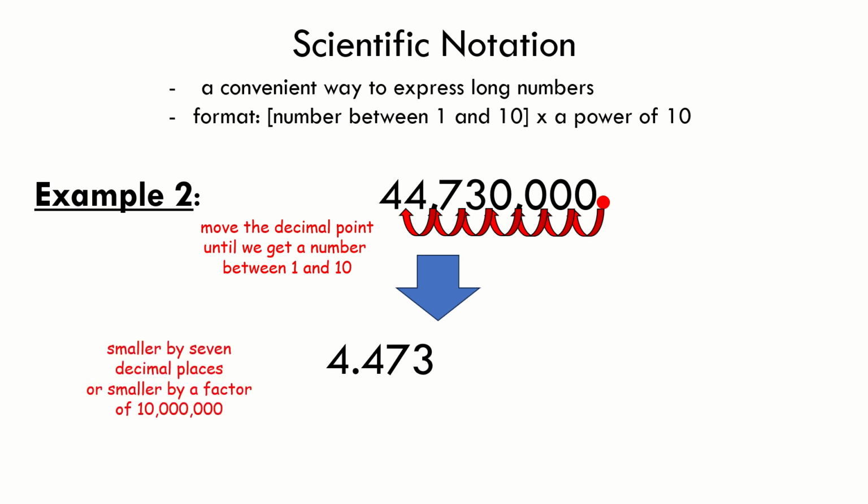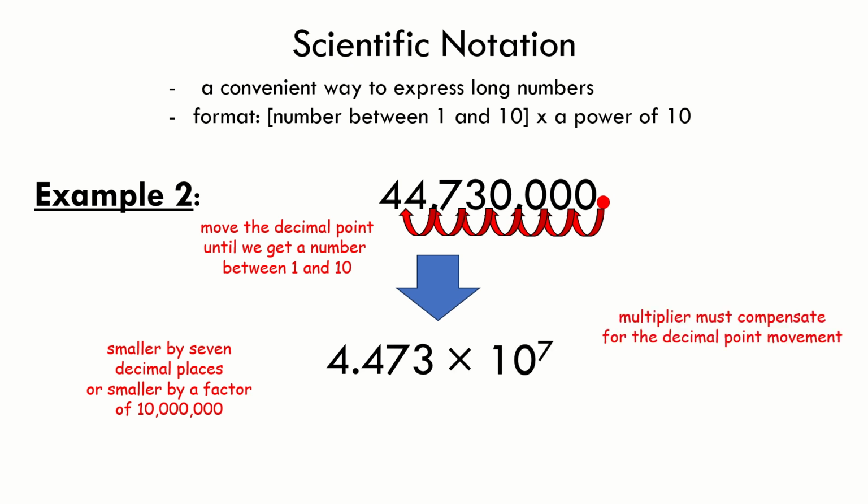Itong number na to ay mas maliit by 7 decimal places or smaller by a factor of 10 million. Okay? At dahil pinaliit natin yung number natin by 10 million or 7 decimal places, kailangan natin bawian to ng multiplier na 10 raised to the 7th para mapanatili natin yung tunay na value niya sa umpisa. At ito na ang ating number in proper scientific notation.